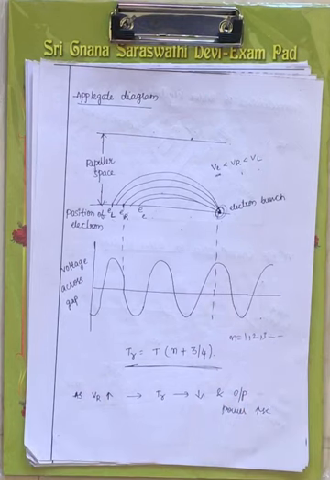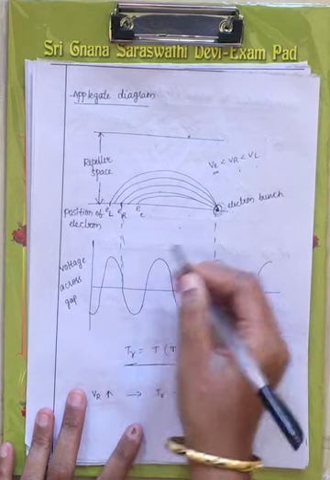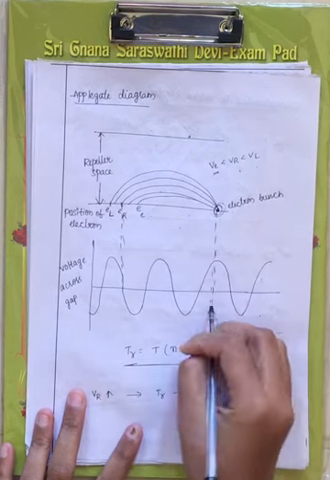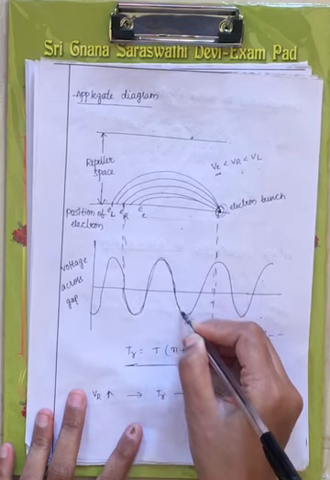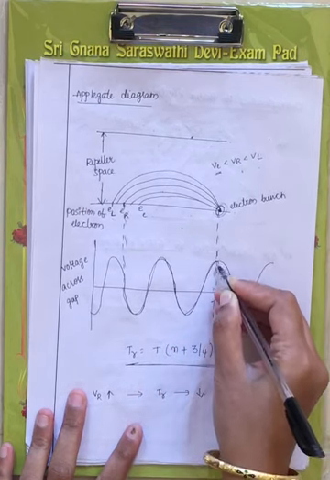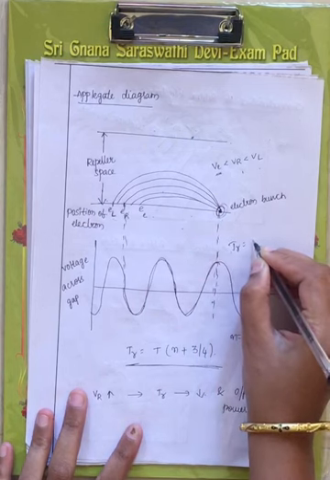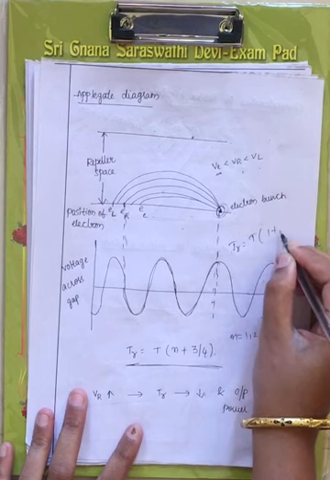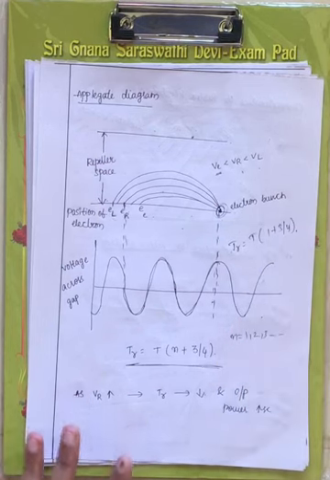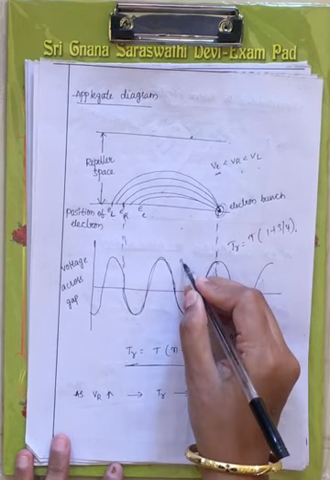If you observe this figure, the reference electron and the time taken to form the electron bunch is one total cycle plus 3/4 of another cycle. Now here the time taken to form the electron bunch is T of 1 plus 3 by 4, here it is n equals 1, right?